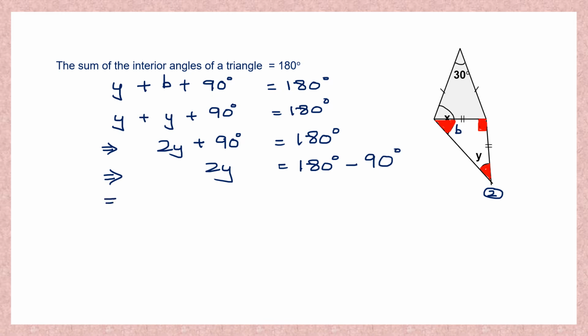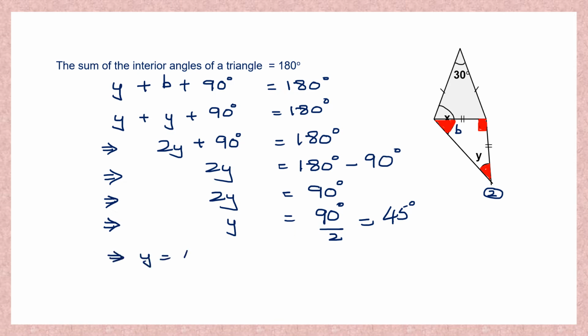So that means 2Y is equal to 180 minus 90, which is 90. That means Y will be equal to 90 degrees divided by 2, which is 45 degrees. So we have found the value of Y to be 45 degrees.